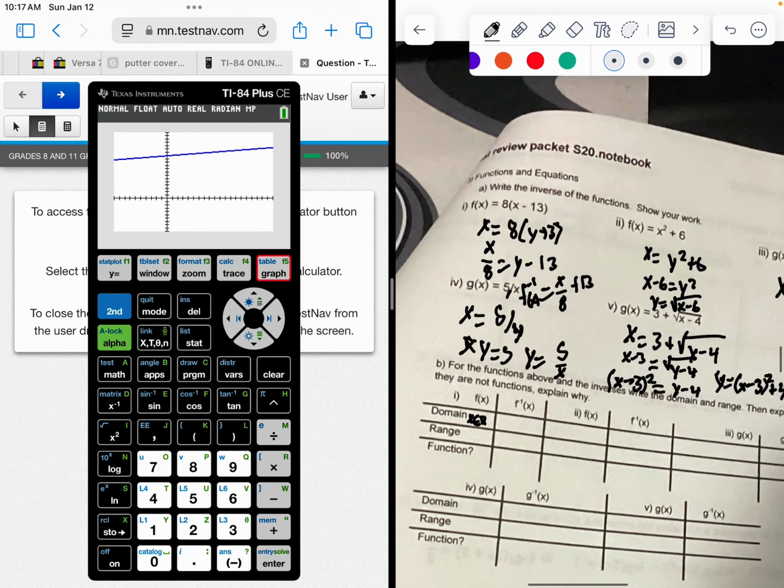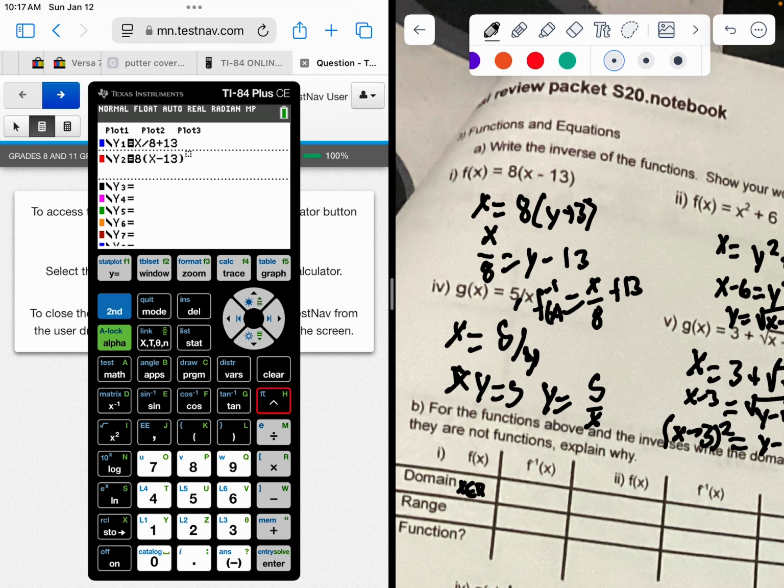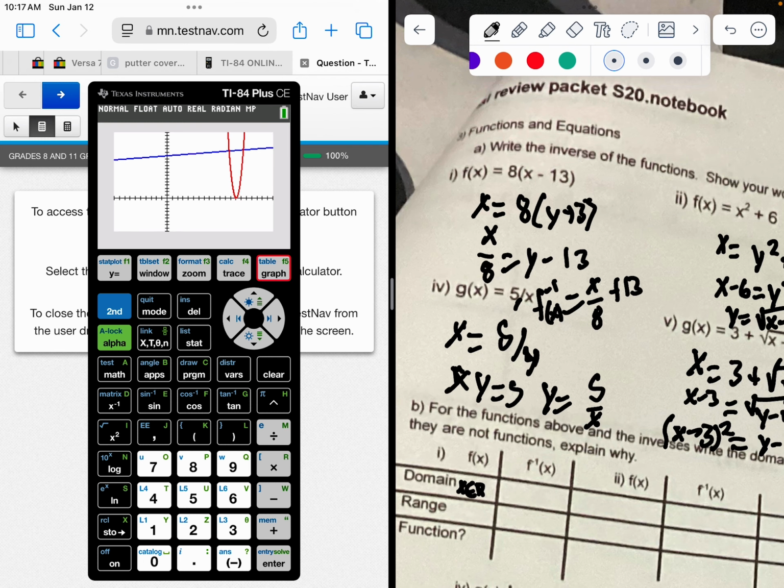Oh, we have to do both. We'll graph the other one too. It's going to look something like that. Looks pretty freaky, not gonna lie.